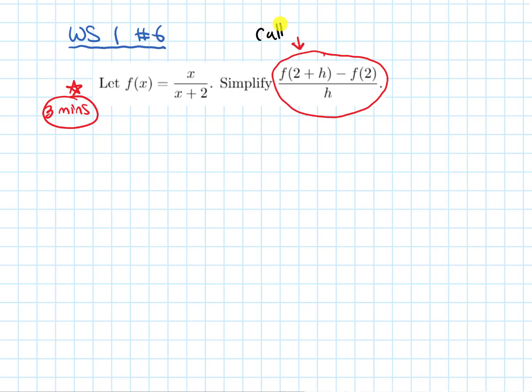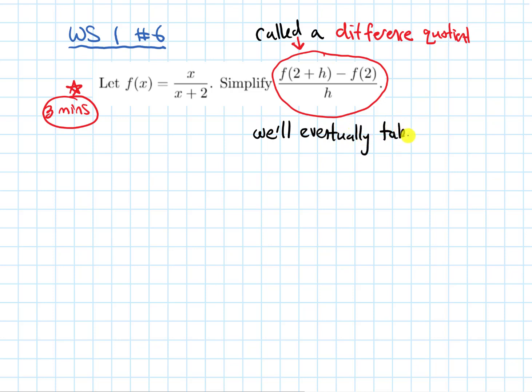And remember, this is called a difference quotient. It is called a difference quotient. Eventually, in our class, once we talk about limits, we will take what's called a limit. Don't worry about what that is just yet, but we'll see this in chapter 2 of our textbook.